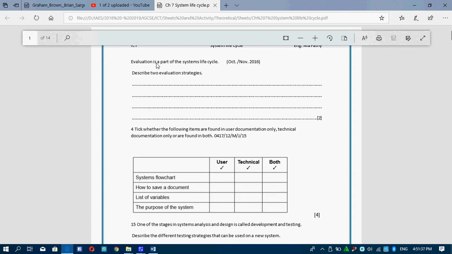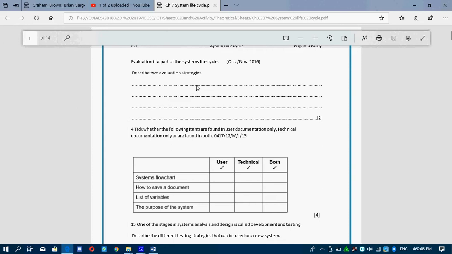For example, October-November 2016: evaluation is a part of system lifecycle. Describe two evaluation strategies. We can make evaluation, as we said, by asking about the new system and identifying any limitation of the new system, or comparing the final solution with the user requirements.